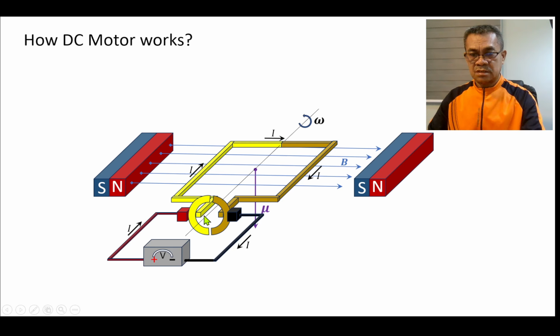Now the usual question in a DC motor problem is to calculate the angular acceleration. Angular acceleration has the symbol alpha, and the unit is radian per second squared. To calculate this, we need the torque. The torque, for which we provided the formula, is divided by the moment of inertia. The moment of inertia of the closed loop, the rotating area.